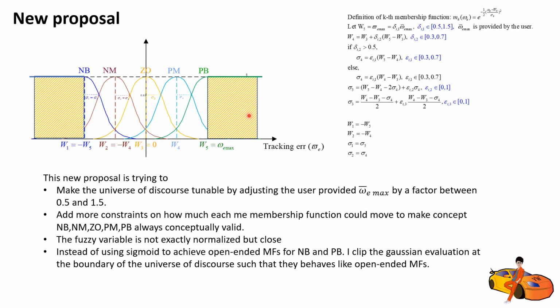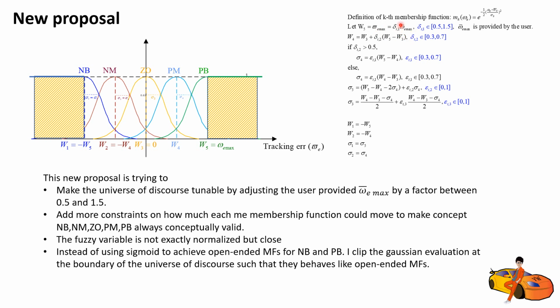And then I have a new proposal. Basically, I try to make the universe of discourse tunable by adjusting the user-provided omega e max by a factor between 0.5 and 1.5. It's shown basically here.